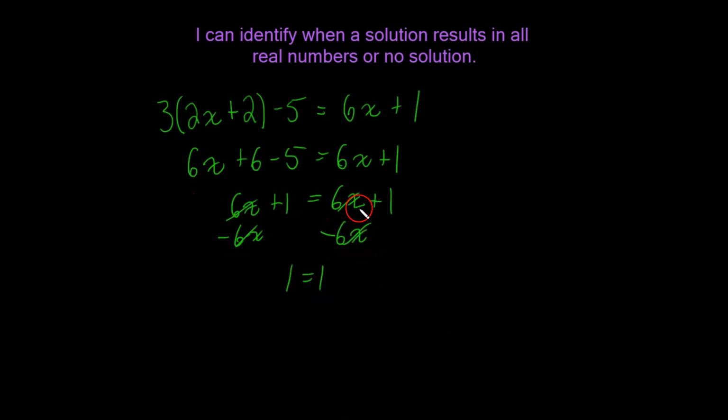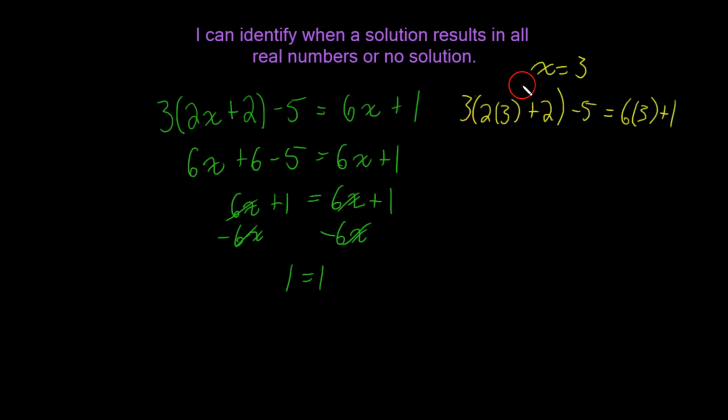So no matter what we input here, we will always get the same answer. Let's just pick a random number. Let's pick x equals 3. So we put x equals 3 into this equation, so just instead of x, I have the 3.